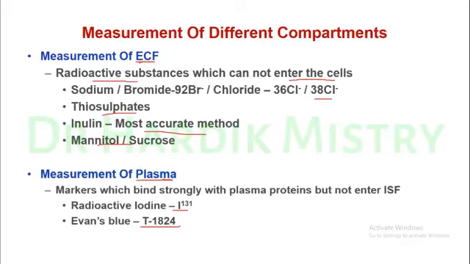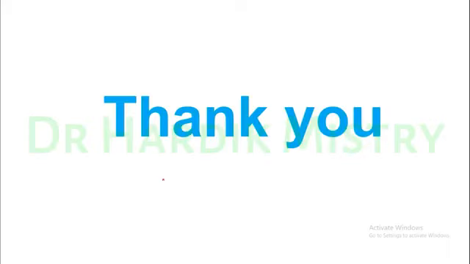All right. So this is all about the body fluid compartments, and body fluid is distributed mainly in two compartments: the intracellular fluid compartment and the extracellular fluid compartment. The extracellular fluid compartment includes the plasma and interstitial fluid.